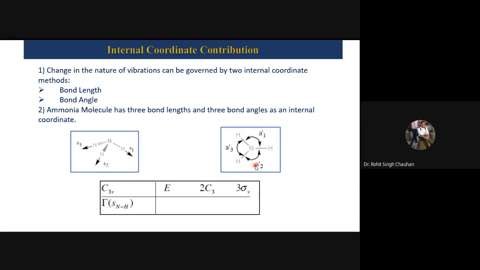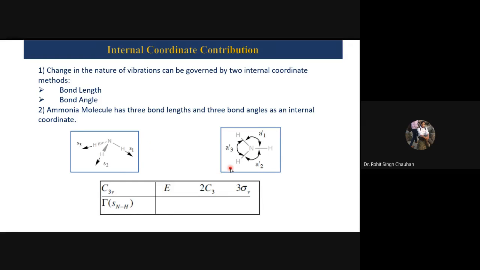But during the examination, make sure the same notation is used throughout. If I'm using S3, S2, S1, then it should be the same for the whole molecule. It is not like that in between you use S3 and later on sigma. It will be quite confusing. That's why you should practice with your own choice of symbol to represent this. This is S3, S2, S1. It might be R1, R2, R3. It may be sigma 1, sigma 2, sigma 3. It all depends on you.